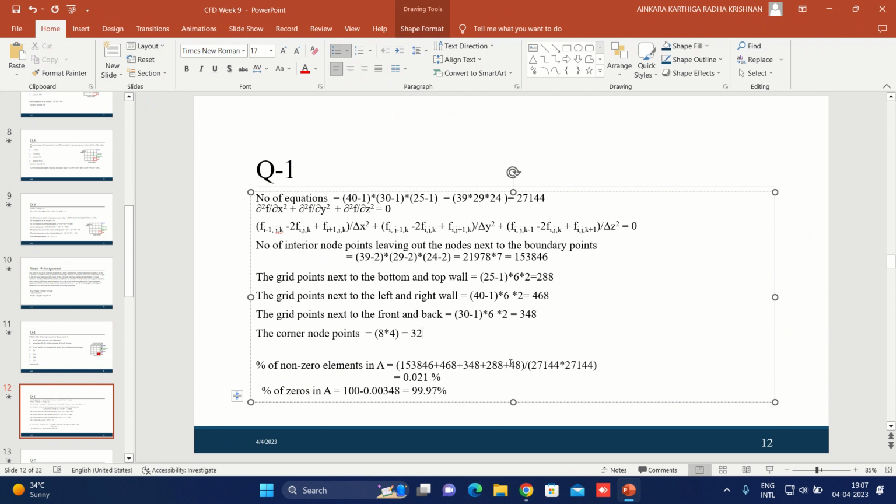So it is 153,846 plus 468 plus 348 plus 288 plus 32, divided by 27,144, into 100, which is 0.021, almost the same, so it doesn't change.